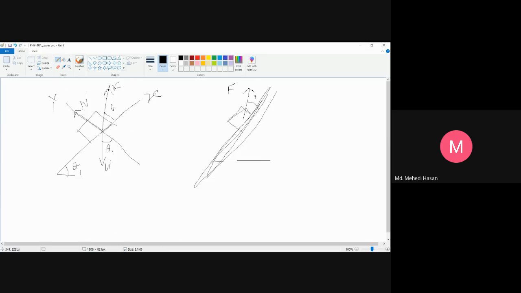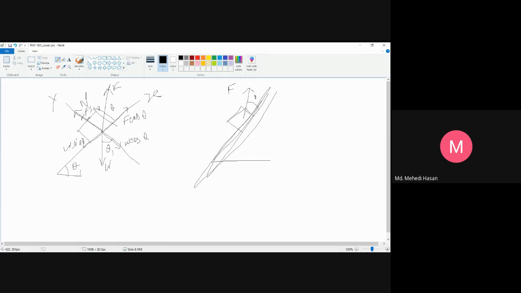Now we can say the component of this force along this direction is F cos theta, and along the upward direction is F sin theta. For the weight, in that direction it is W cos theta, and along that direction it is W sin theta.